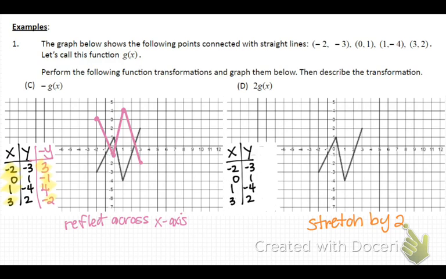So if I continue my table, now I have 2y. What's -3 times 2? -6. What's 1 times 2? 2. -4 times 2? -8. And 2 times 2 is 4. So here are all of my y values, my new points.